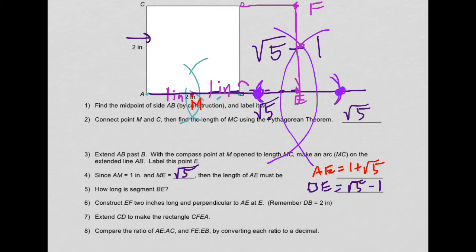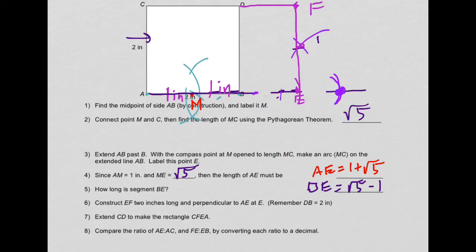Right, so now let me clear out some space. Now that we've got all of that constructed, I'm going to take away this part. Boom. Okay. Now we have our rectangle CFEA.